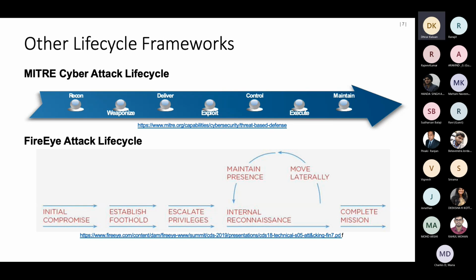At the end of the day, they still define the same amount of information the same way that the information is presented. Terminologies in FireEye are slightly different compared to the static kill chain that we have, but mostly it defines the same kind of information that you have.